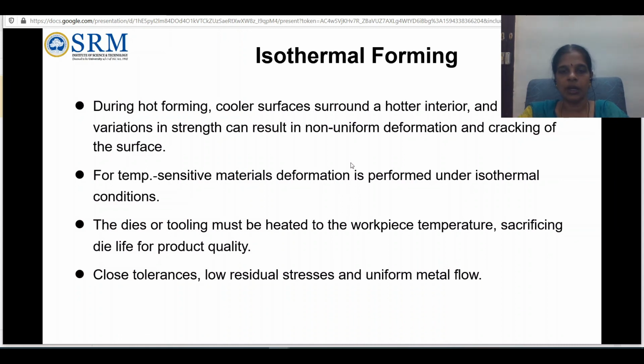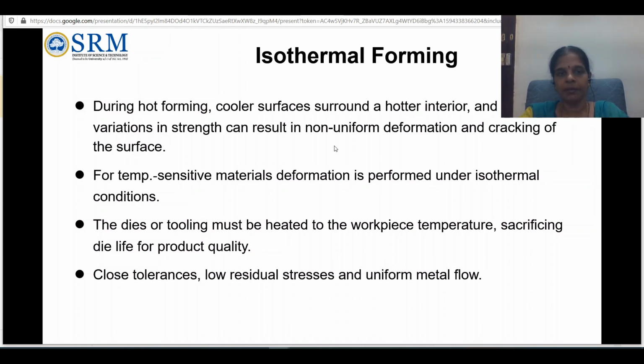And one more forming process is called isothermal forming. In hot working, we heat the metal and then keep it on a die which is at room temperature. By that time, the hot metal comes in contact with the cold die set or anvil.